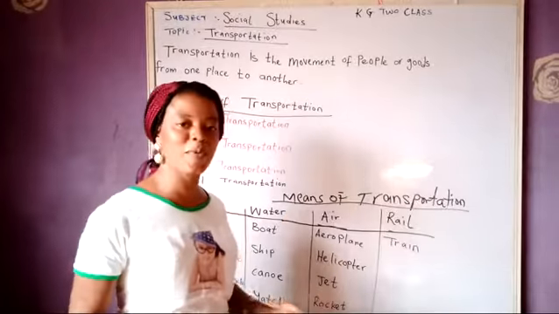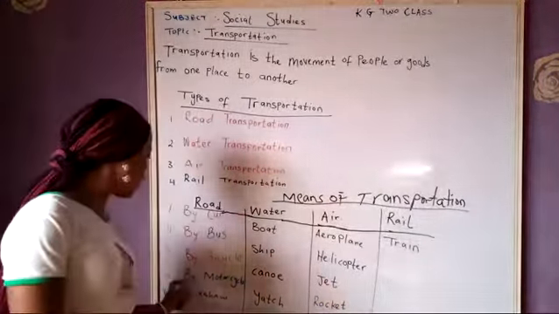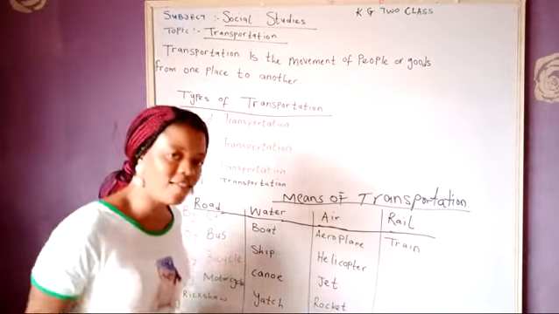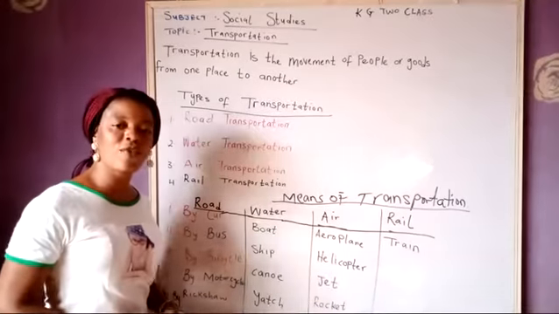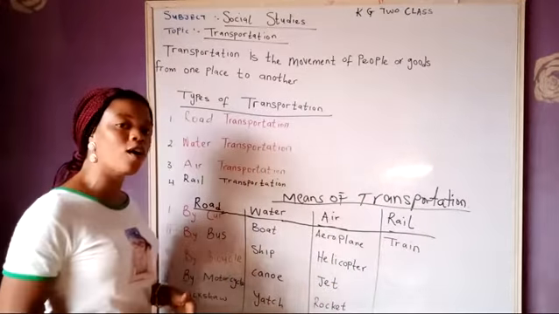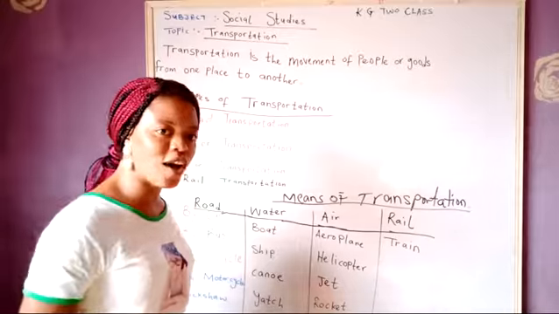No, it's not possible. Bicycle moves on the road. We also have motorcycle. Motorcycle also moves on the road. Then we also have rickshaw. Rickshaw moves on the road, which some of you usually call tricycle. It moves on the road.